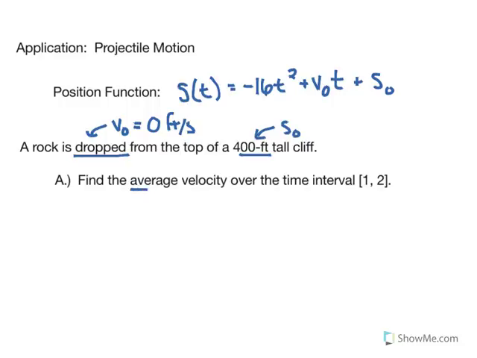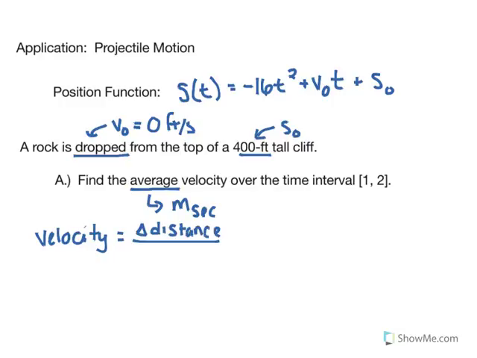All right, average goes along with a secant line. If you think about finding velocity, velocity or speed is a change in distance or position over a change in time. So that means I need to use the distance formula or the position function.